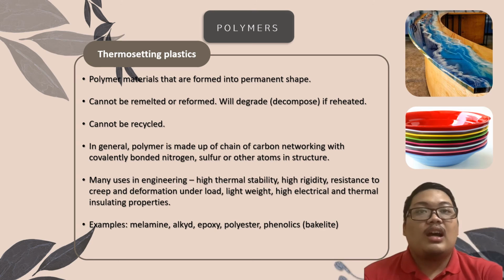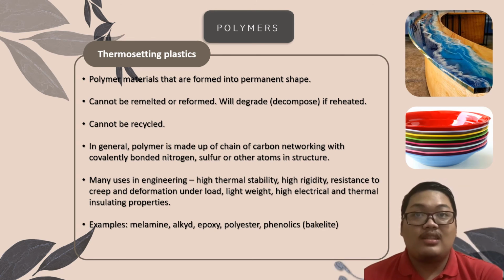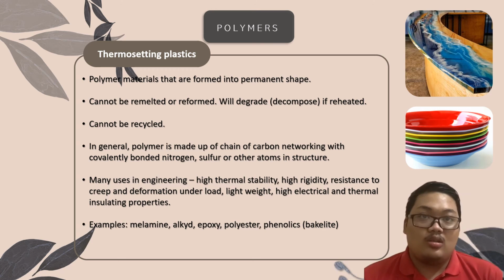Other than that, polymer can be classified as thermosetting plastic. Thermosetting plastic is a polymer that is formed into a permanent shape. This type of polymer cannot be remelted or reformed, and it cannot be recycled also.